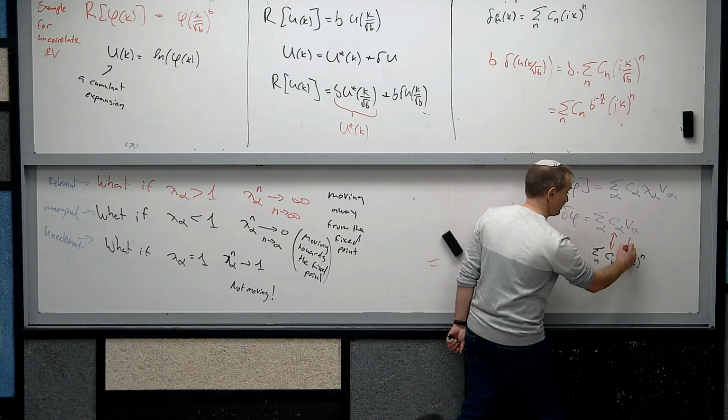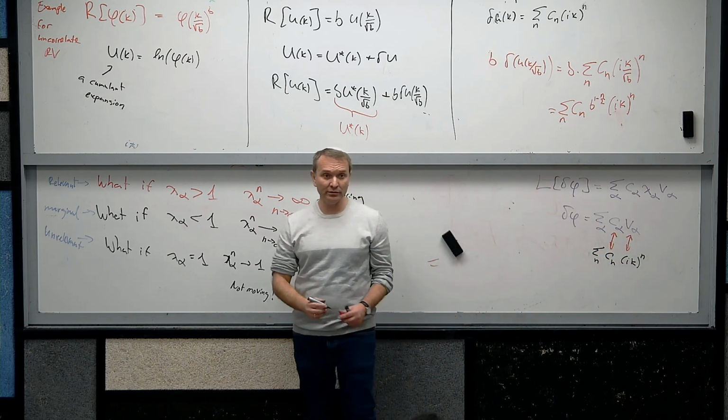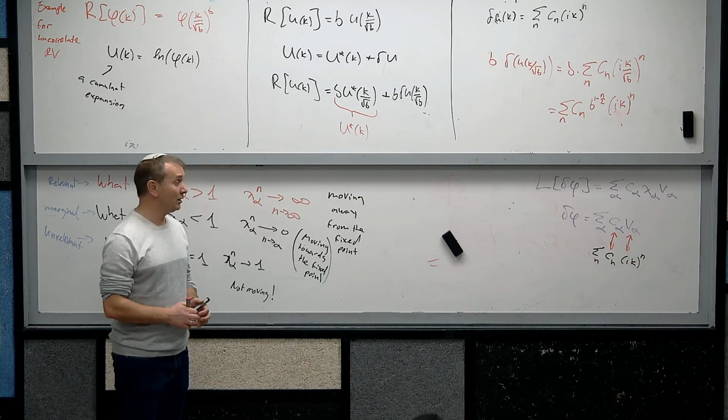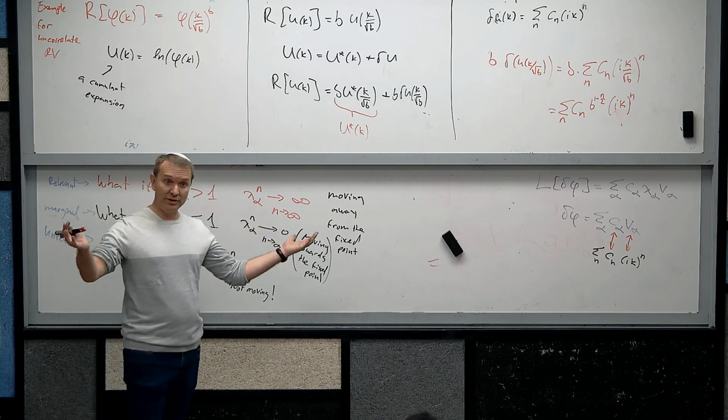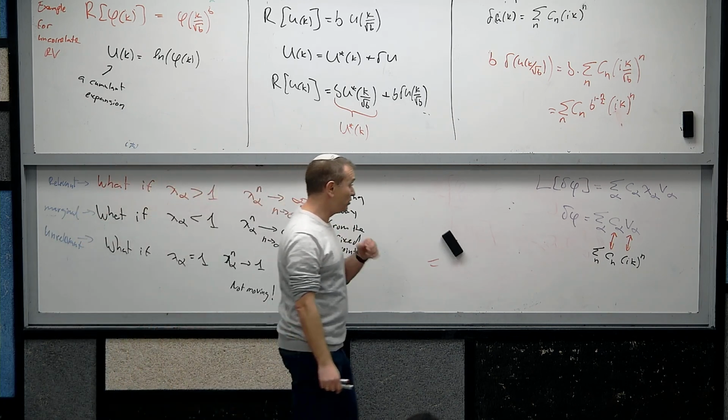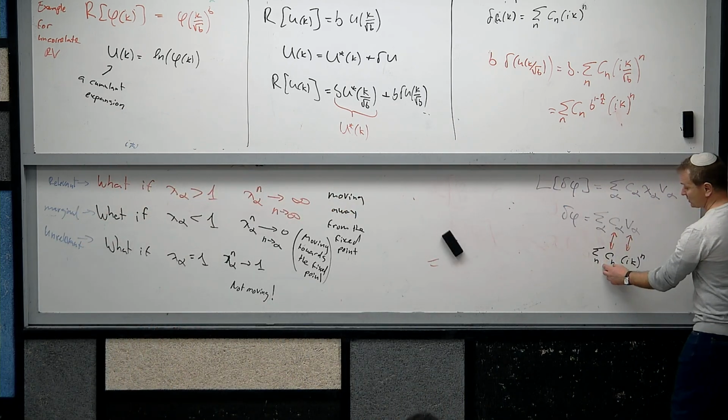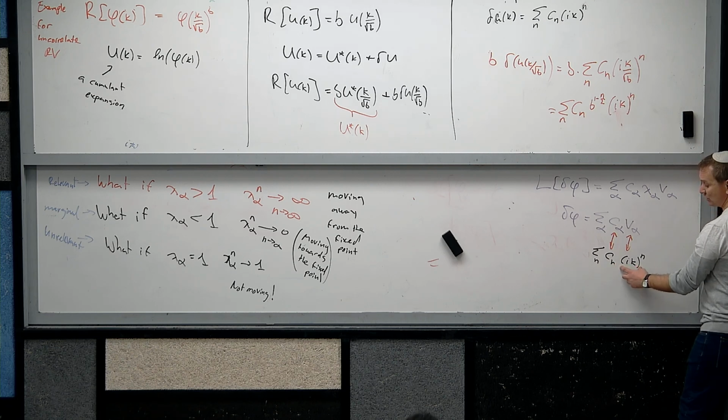Okay. So delta phi, in our case, is an expansion in the space of different functions with respect to constants and the polynomials, which are just ik to the power n.